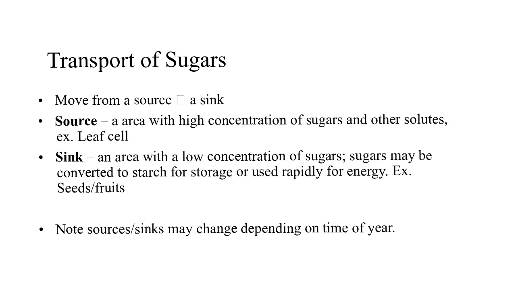When we're talking about sugars, there's going to be a source of sugar and a sink for the sugar. A source is defined as an area with a high concentration of sugars or other solutes. So for example, when a leaf is photosynthesizing, a leaf could be a source of a sugar.